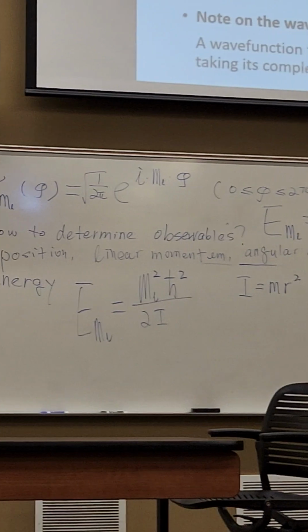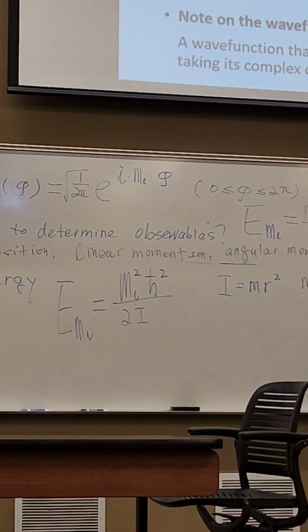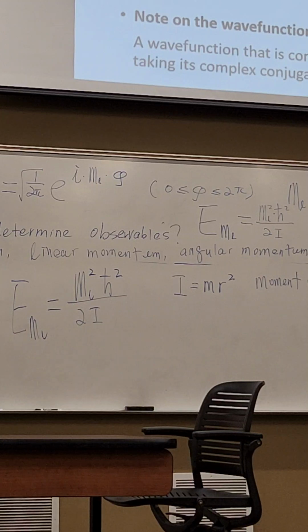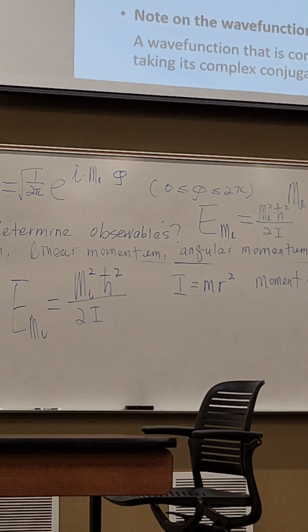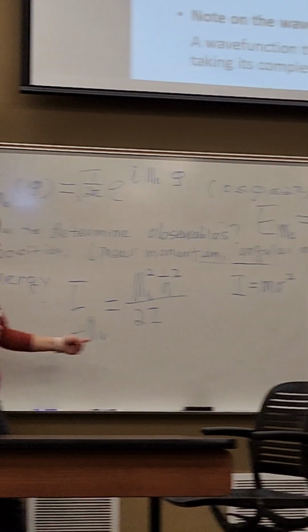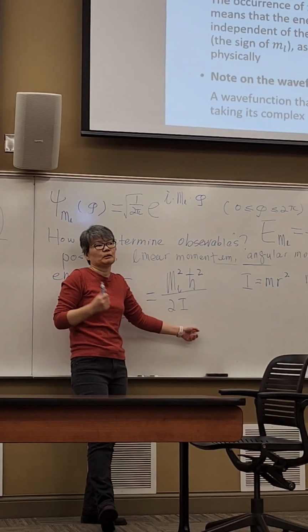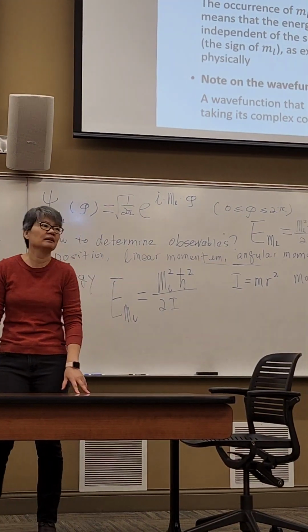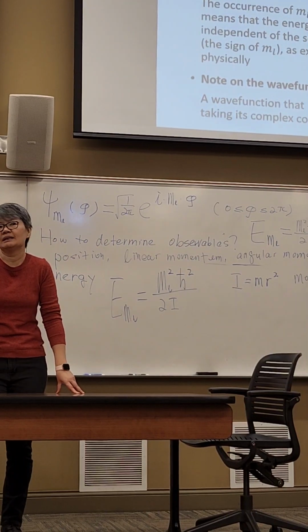So you have a particle with a mass of m, and you rotate on the xy plane with a radius of r. Then m times r squared, the mass of the particle times the radius squared, is the moment of inertia. For sure, you can carry the m r squared here as you wish, but this makes the expression a bit simpler.